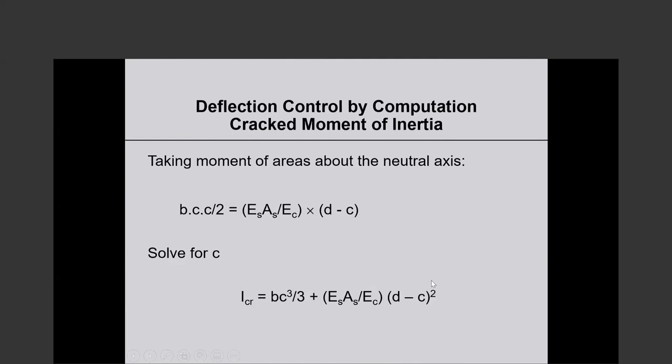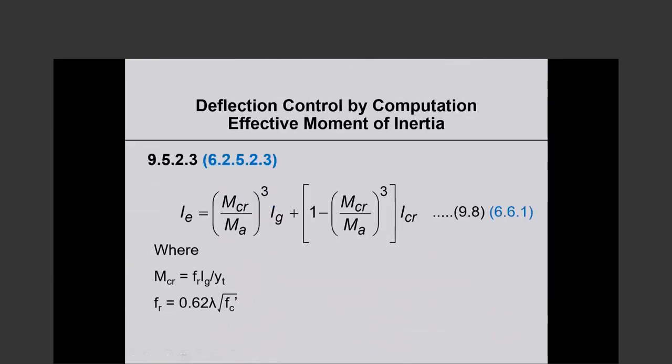So we can find the cracked moment of inertia by going to the transformed section concept. And once we have our gross moment of inertia, which is easy to calculate, and the cracked moment of inertia, this is the effective moment of inertia that ACI tells you to use in computation.